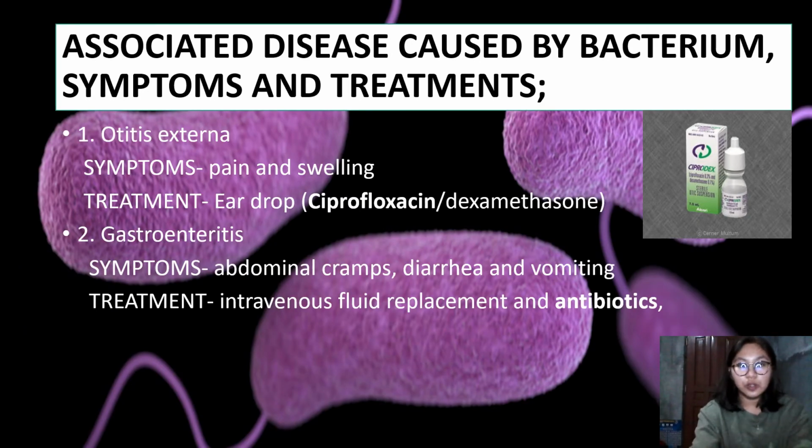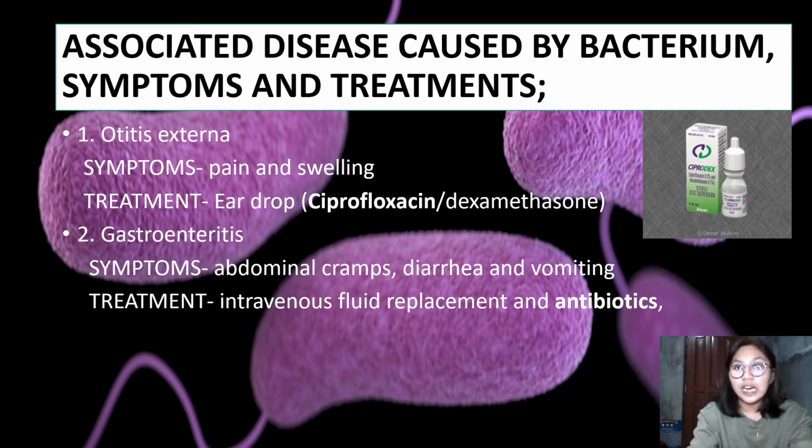Next is associated disease caused by the bacterium, symptoms, and treatments. So number 1 disease is otitis externa. So what is otitis externa? Otitis externa is a condition that causes inflammation or redness and swelling of the external ear canal, which is the tube between the outer ear and eardrum.